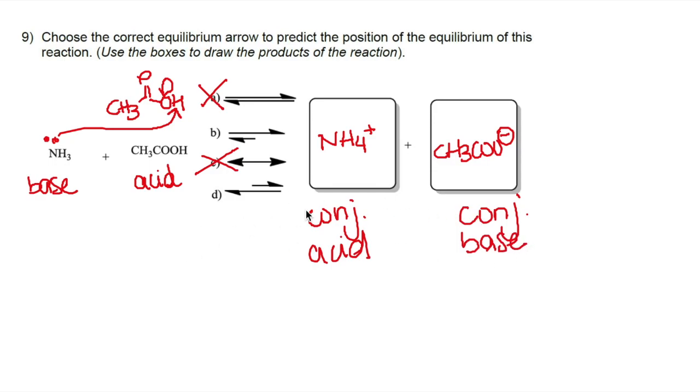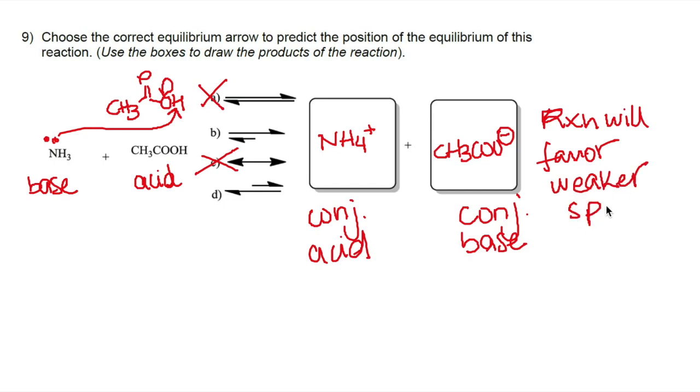To figure out where the reaction is going to go, we know that the reaction will favor the weaker species, either if you compare the two acids or the two bases. The easiest way to figure out where the equilibrium will go is to go to the pKa table and compare the pKa's of both acids.